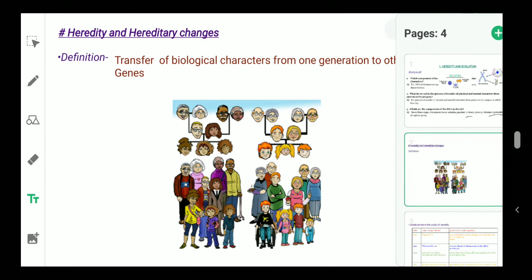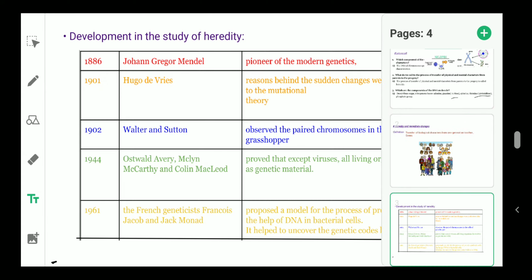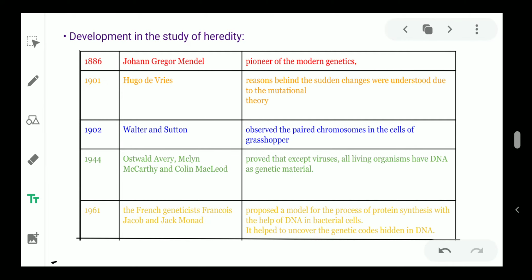So this is heredity. Now how did this heredity come to be known, or who started the study of heredity? We have already studied the laws of inheritance, correct, which were postulated by whom? Johann Gregor Mendel. He was the pioneer of modern genetics.